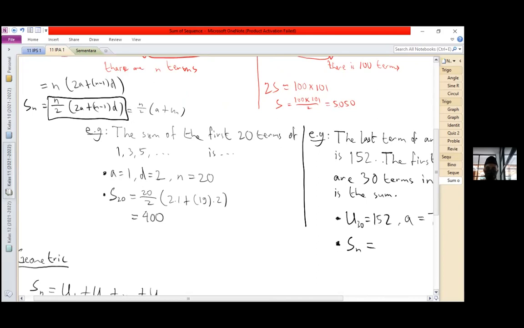Instead, in this case, I can use this one to get the sum directly.